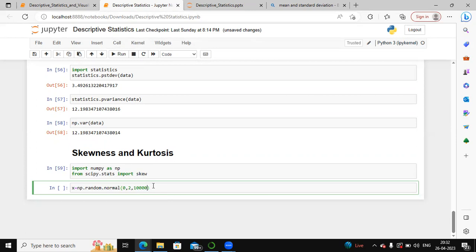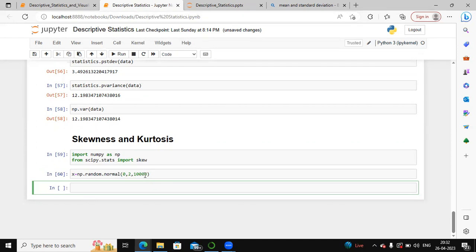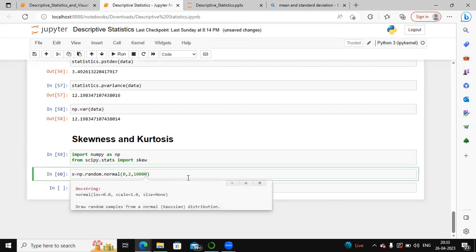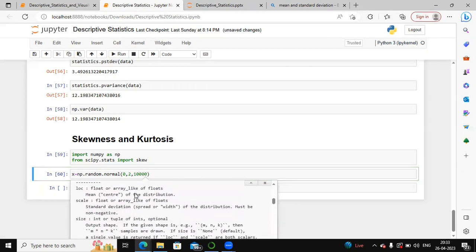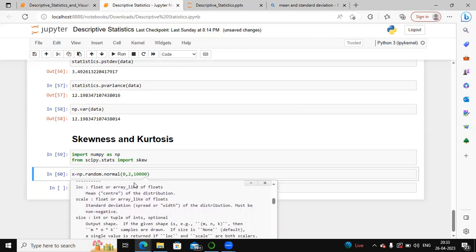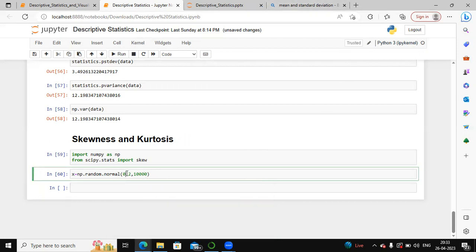This is about creating random values based on a normal distribution. The location is the mean of the distribution. So what we are doing is drawing a normal distribution where the mean is 0 and the standard deviation comes out to be 2.